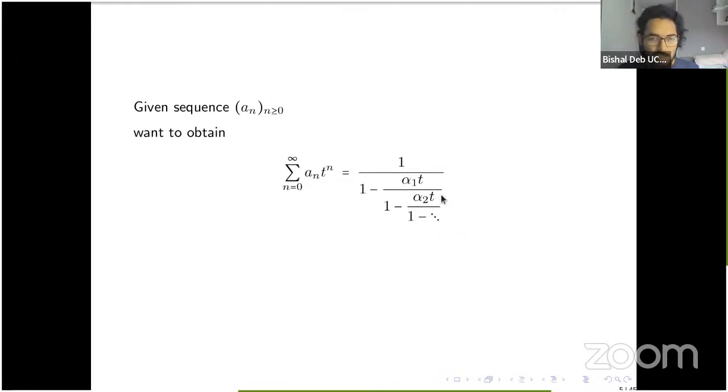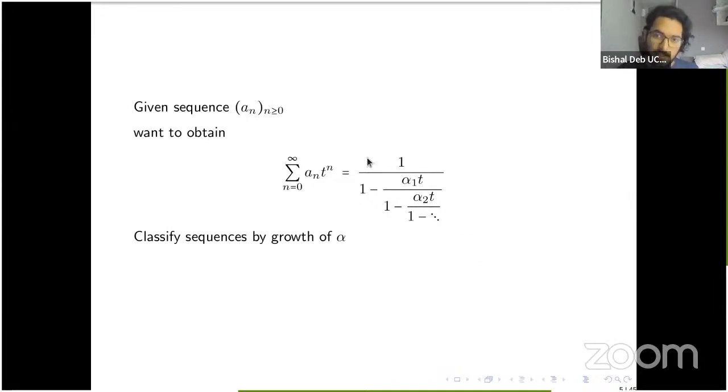In this talk I do not care about convergence issues, so this identity should hold as formal power series on both sides. And we want to classify these sequences by the growth rate of the coefficients alpha. That is what I mean by quadratic family.